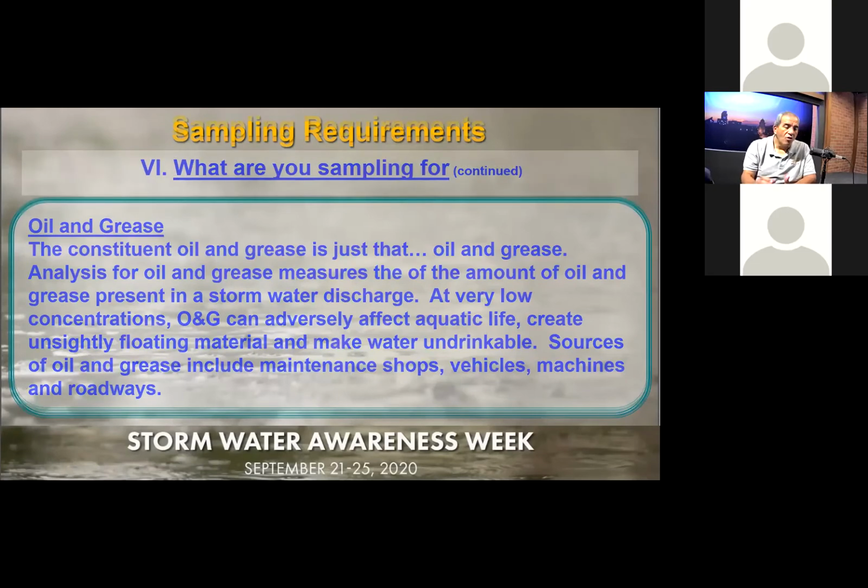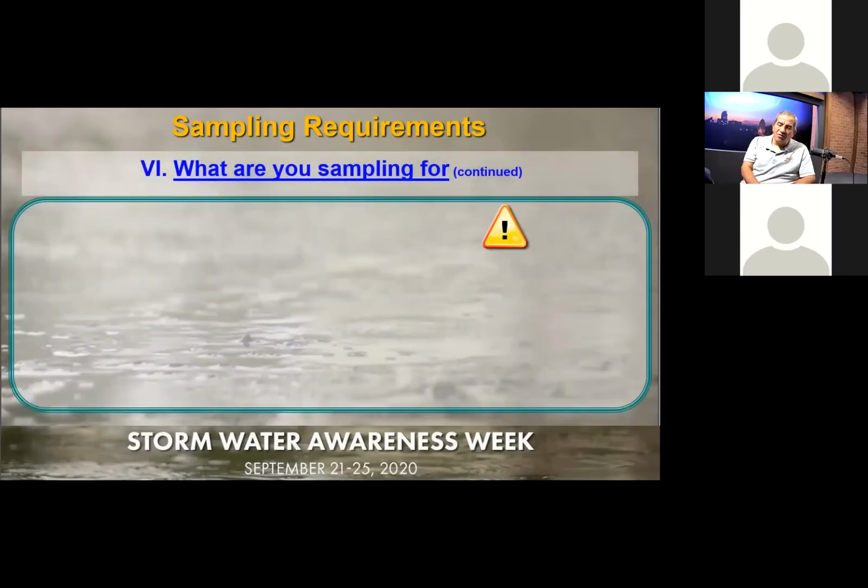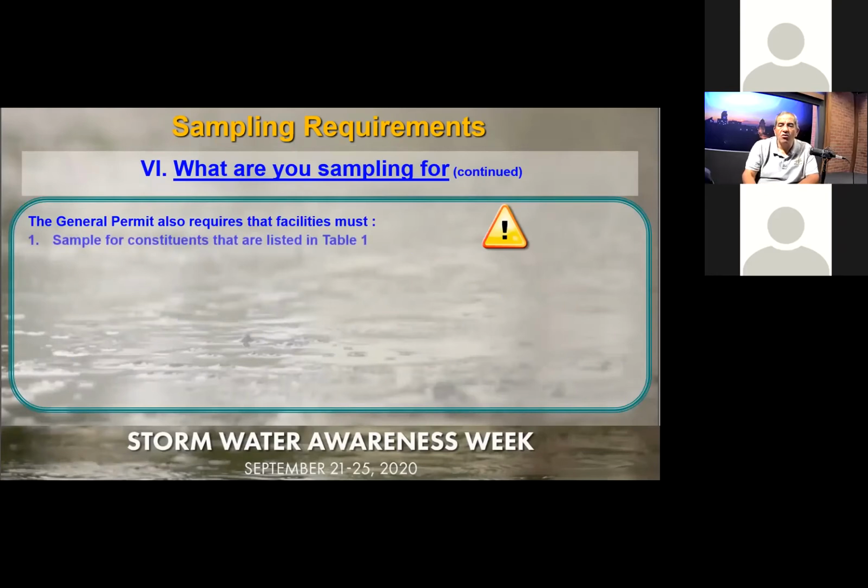There are three basics, but here's where you really need to do an assessment of your facility, because you're not just required to do the three basics. It depends on your SIC code and other things. You're supposed to sample for the three basics, and also Table 1 in the permit, Section 11. Table 1 lists SIC codes.